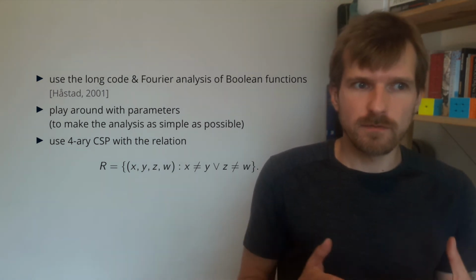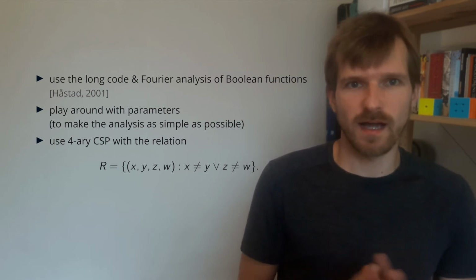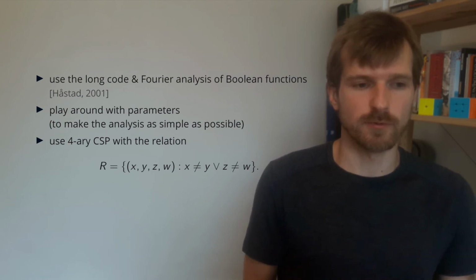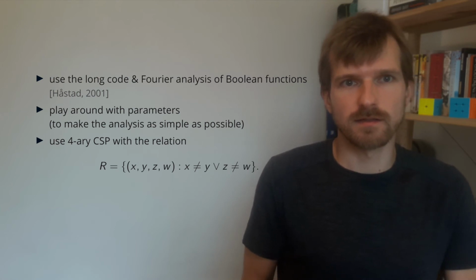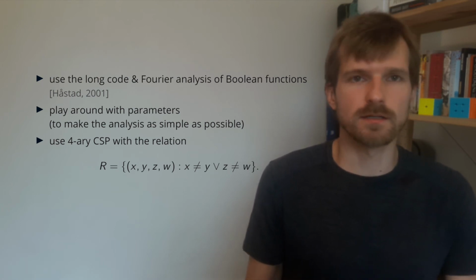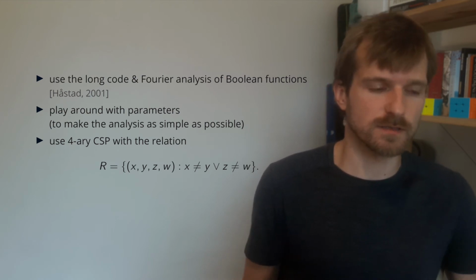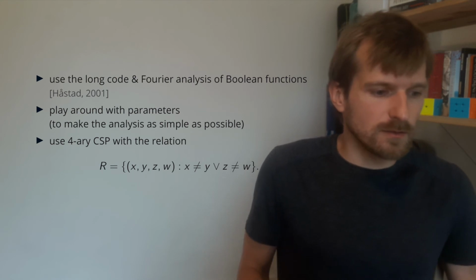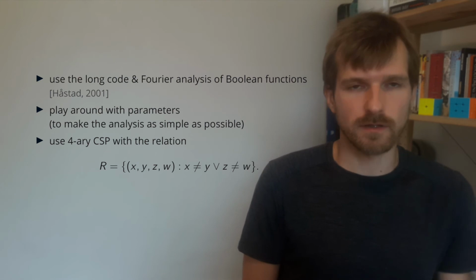We further play with some other parameters to streamline the proof as much as possible, but there seems to be quite a lot of choice in what we do. So in particular, it seems to me that you can basically choose any fixed template CSP instead of this 4-ary relation, and you have a lot of freedom how to devise your reduction, your gadget.